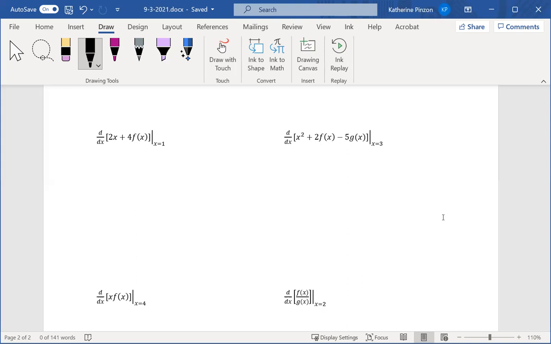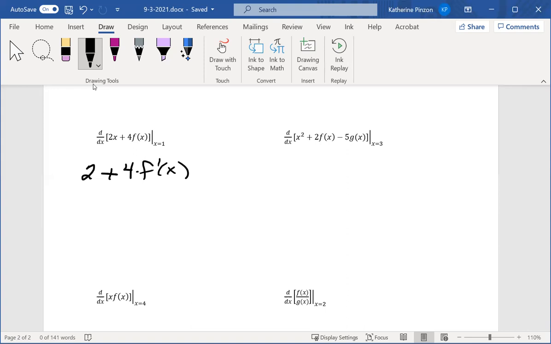So if I'm going to do this first one, I'm going to say the derivative of 2x is 2 plus the derivative of 4f of x is 4 f prime of x. Yeah? So if my function is 2x plus 4f of x, the derivative is going to be, derivative of 2x is 2. The derivative of 4f of x is 4f prime of x.